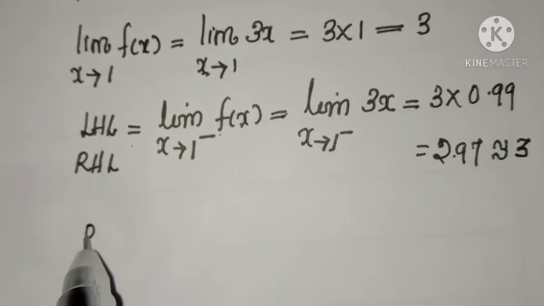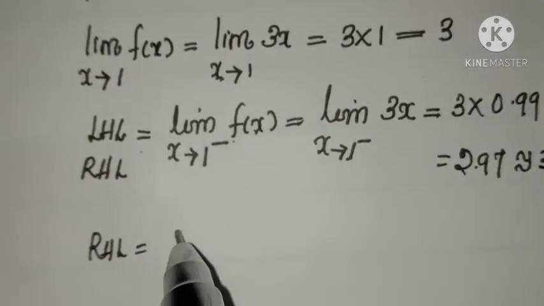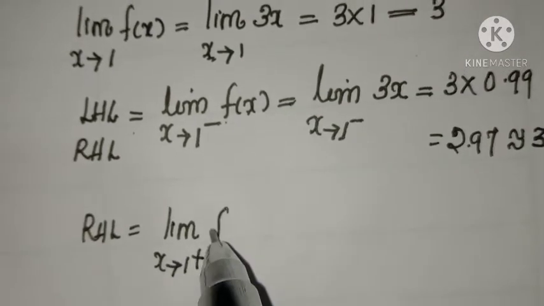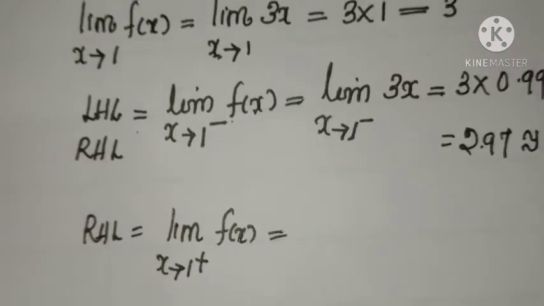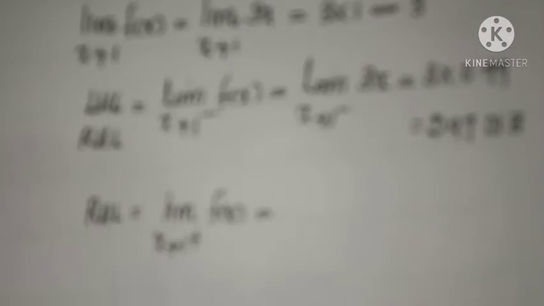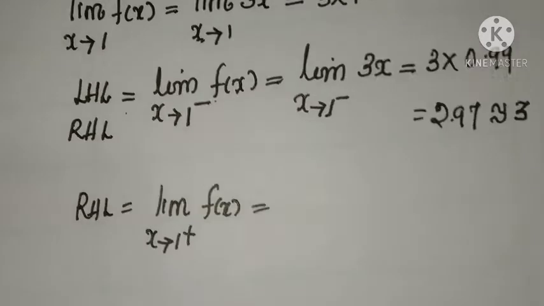Now, listen, the right hand limit. The right hand limit is written as limit x tends to 1 plus f of x. Here 1 plus means very near to 1 and to the right of 1.